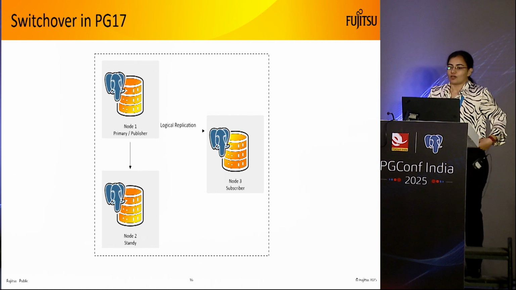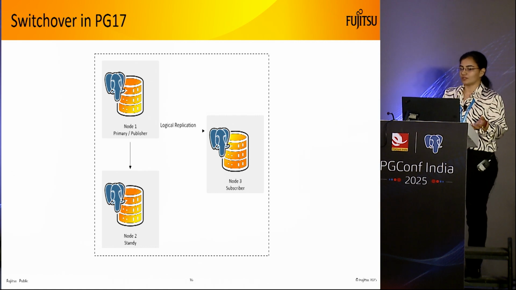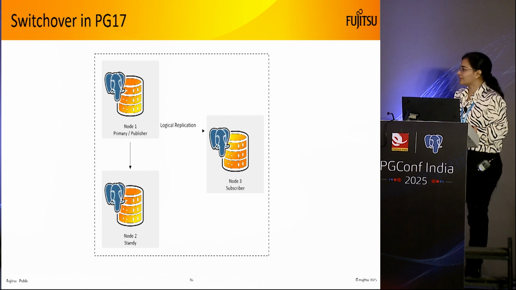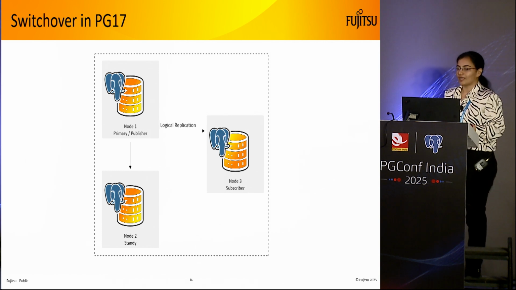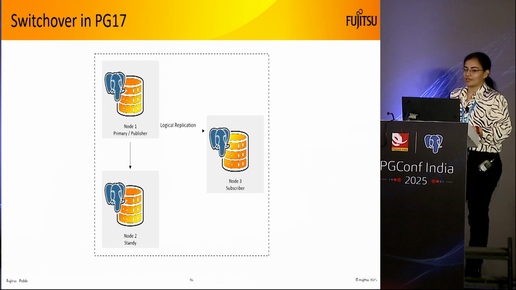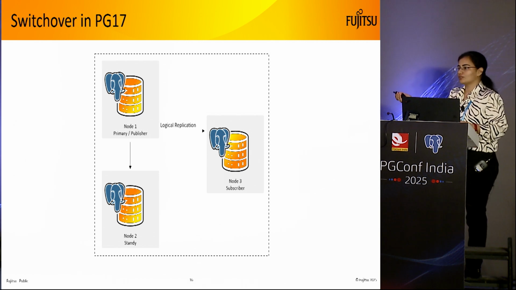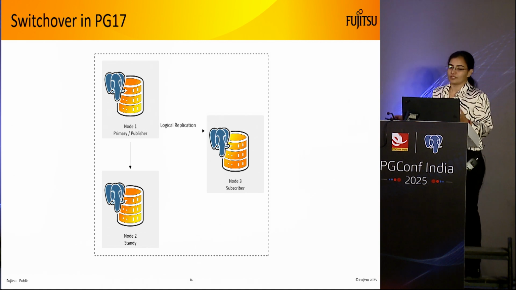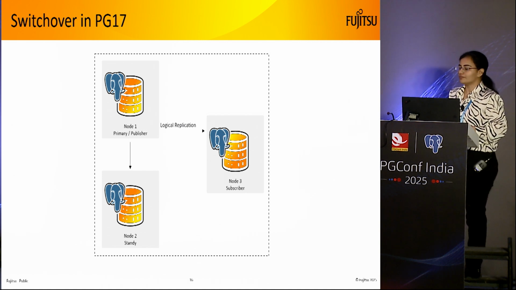So now this was the feature overall. Let's see how it helps in PG-17 to reduce the downtime of logical replica. Same setup, 3 nodes, one is primary or publisher node. Node 2 is the standby node of node 1, and there is a logical replication between node 1 and node 3.